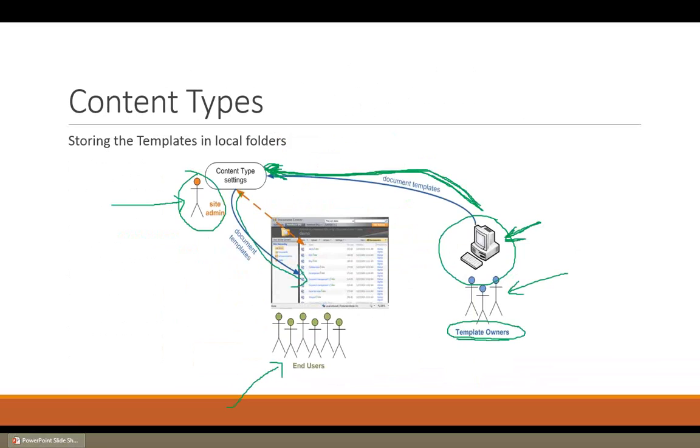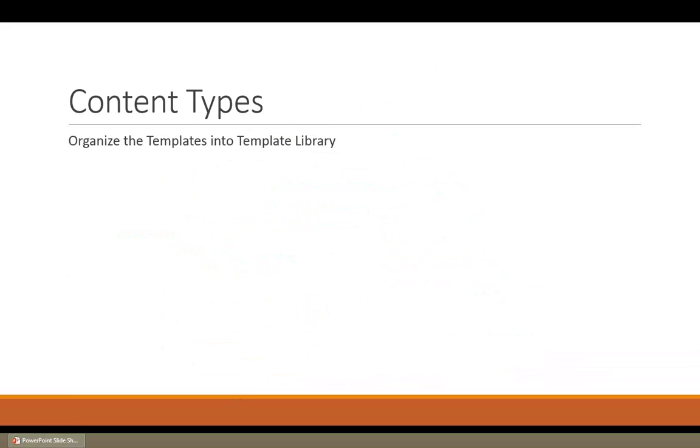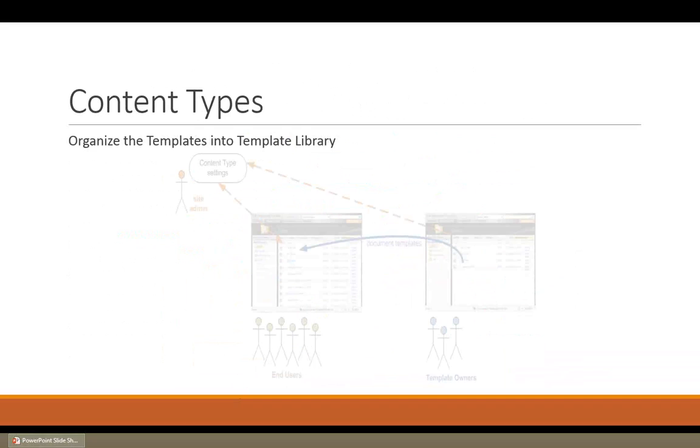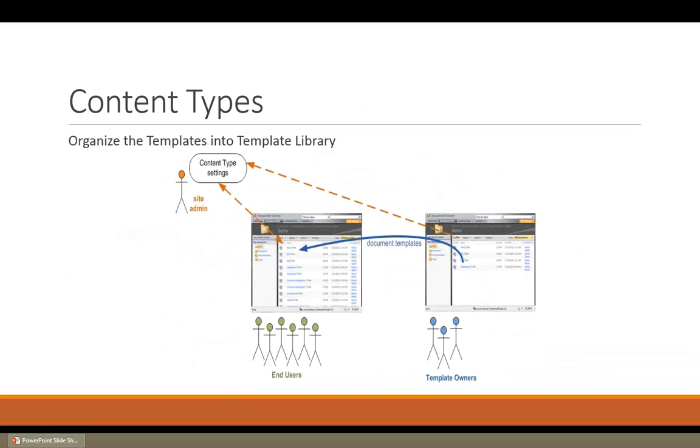So it might be a bit confusing because the template owners work locally, and whenever they have any update, the site administrator has to get involved to update the content type. But if we change the information architecture just a little bit and make the lawyers, the template owners, work not locally but in a separate document library, I call this the template library.